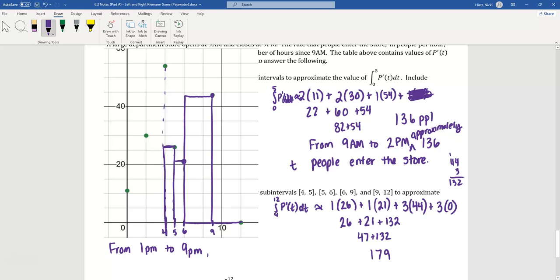What happens during this time period? Approximately 179 people enter the store.